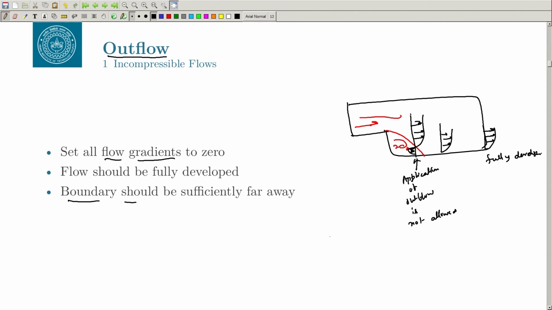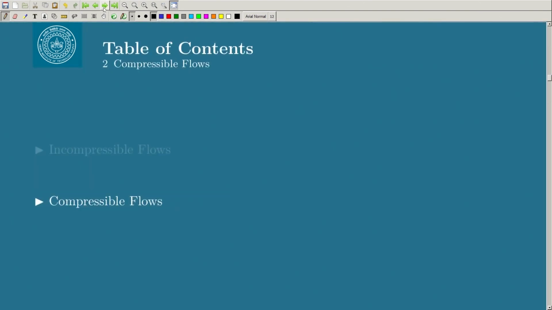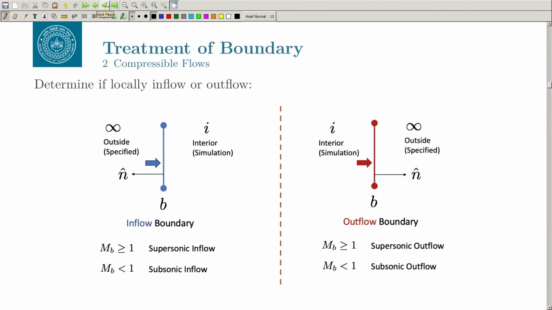You cannot have total pressure at the inlet and outflow at the outlet, because the pressure difference that you want will not be physical. That is why you can use outflow only with the velocity inlet or maybe mass flow inlet kinds of boundary conditions, but not the pressure inlet. So, these are some of the considerations that you need to take when you are applying the boundary conditions. Now, let us go to compressible flow.